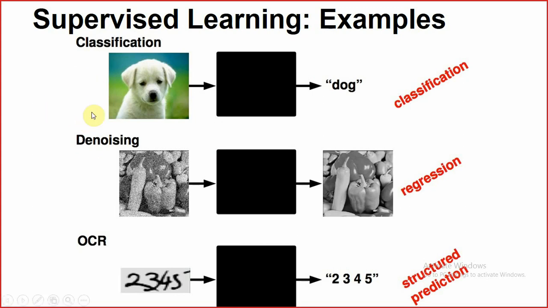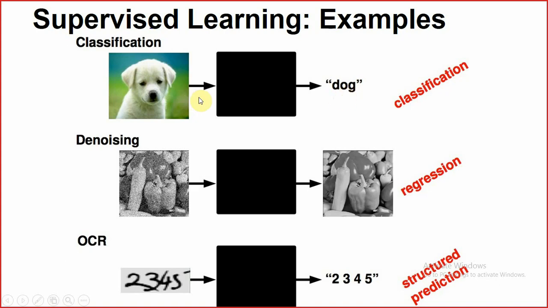These are some of the applications of supervised learning: classification, denoising, and optical character recognition. In classification, for example, we give it an input image like a dog image here, and the model, or this black box, determines the class label which is most likely for this input image. For this example, assume that the classifier predicts the class label dog, which is correct.